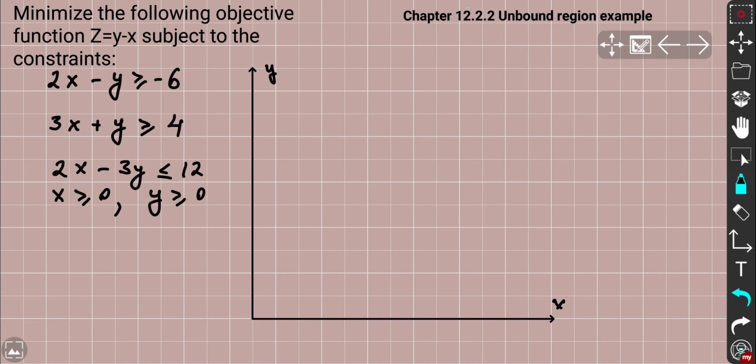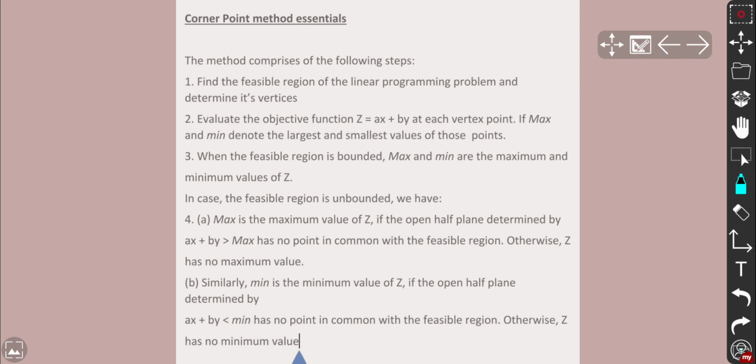Here I'm going to consider chapter 12.2.2 and give you an example with an unbounded region. Remember, before we covered those first three steps and we didn't touch step 4, because in the previous video dedicated to bounded regions we ended up with maximum and minimum values for z.